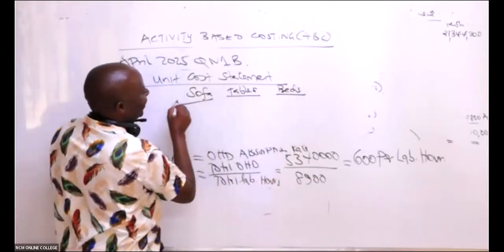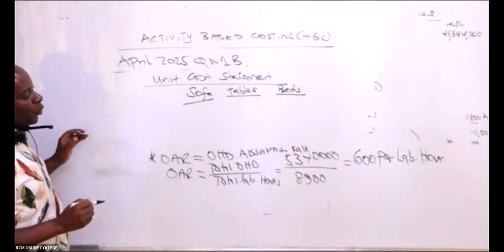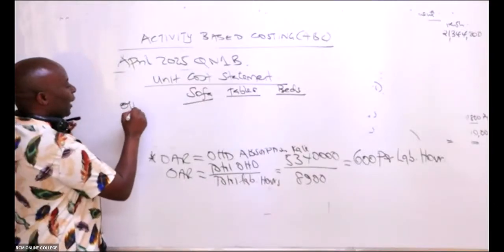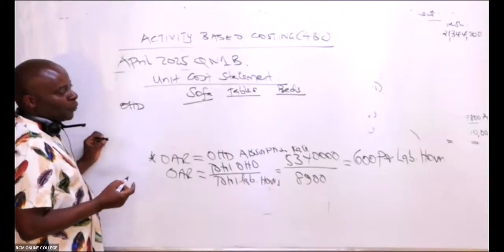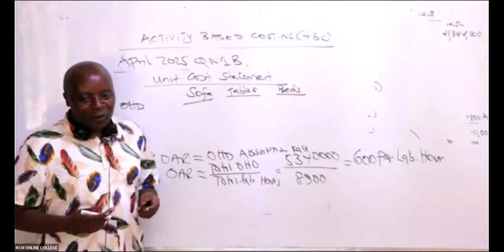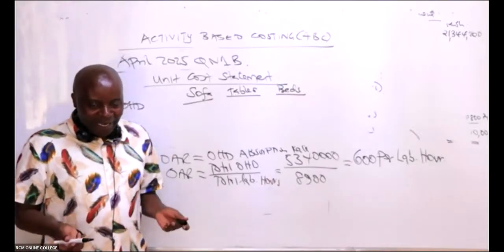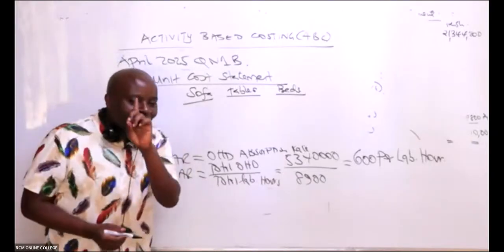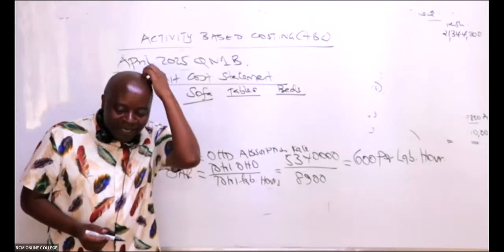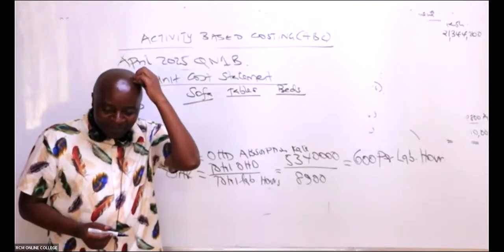So we start here with the overhead for each unit, for each sofa set. Remember, we are absorbing this overhead using which criteria? Labor hours. So we take the labor hours needed to make one sofa. How many hours do you need to make one sofa?